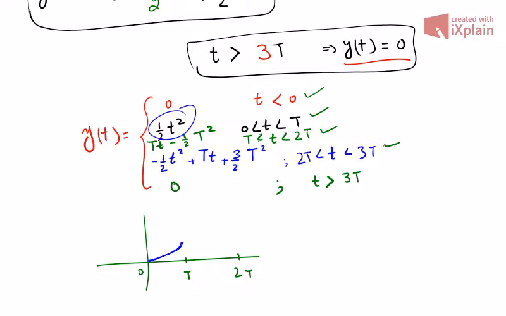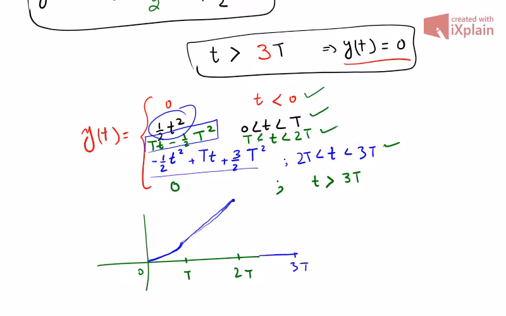Okay, then you have another equation, which is a linear equation. Basically it's a linear equation up to 2T. So you expect a straight line to 2T. From here up to here, expect a straight line, and then there is again a decrease, a non-linear equation up to 3T.